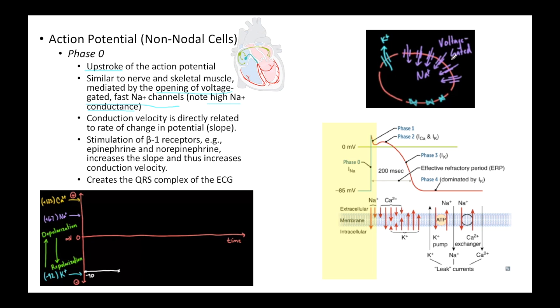You can see here, voltage-gated sodium channels are open, lots of sodium coming into the cell, high sodium conductance. And the speed at which the sodium is able to enter the cell will determine the slope of phase 0. So if we're going a little slower, our slope can alter.